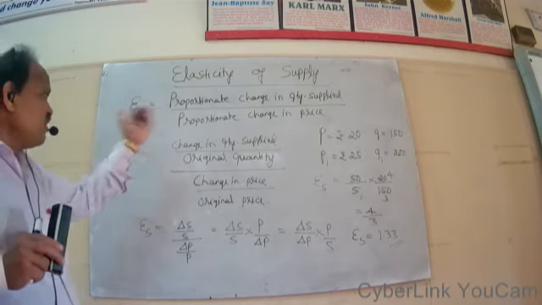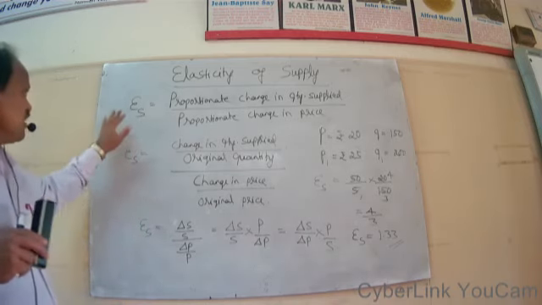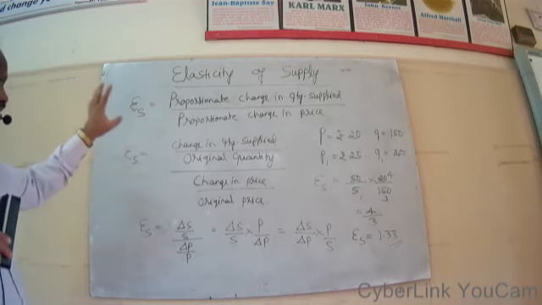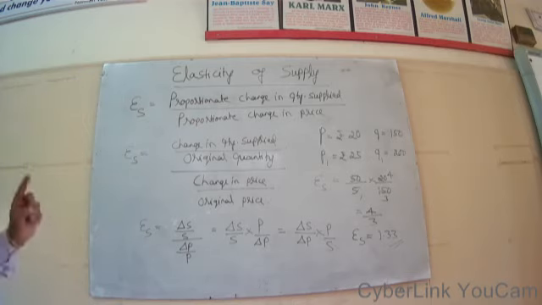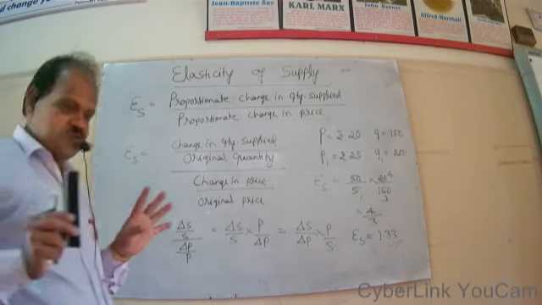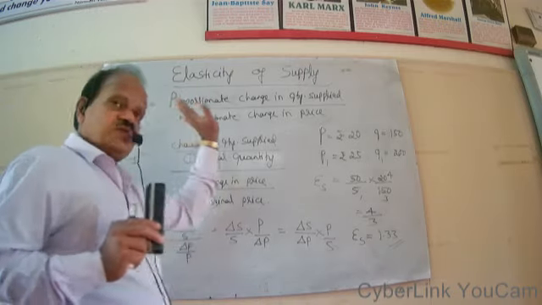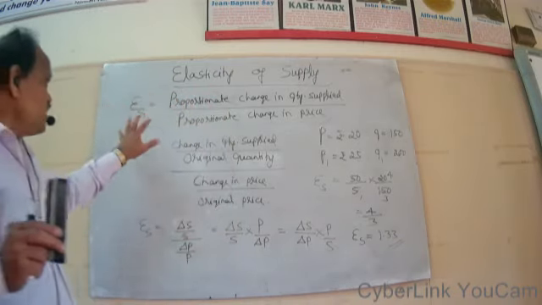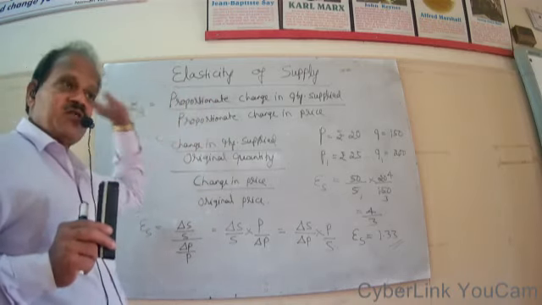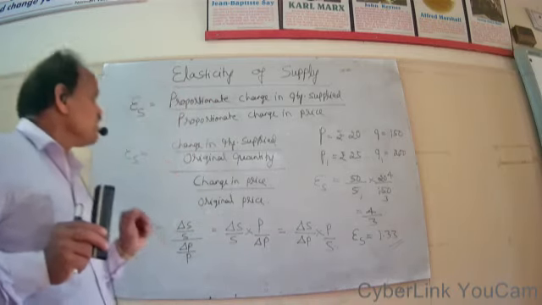This simple formula can be used, that is price elasticity of supply ES is equal to proportionate change in quantity supplied divided by proportionate change in price. Or simply you can use percentage change. You can make use of both the aspects here, either proportionate or percentage.